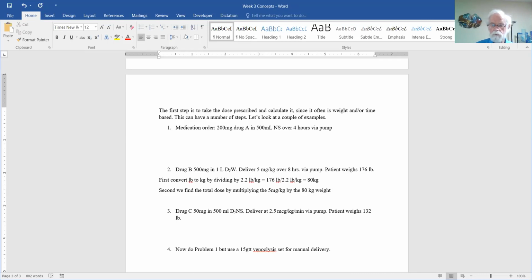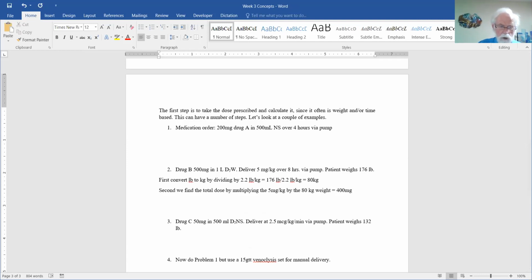Obviously, that's not going to be an adult. Someone who's 176 pounds is adult size. So we multiply that by 80, and this is going to equal 400 milligrams. Okay, so 80 times 5 is 400.